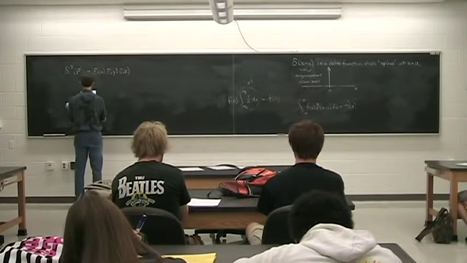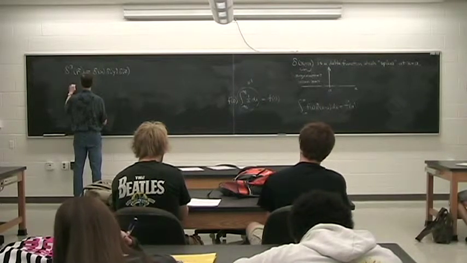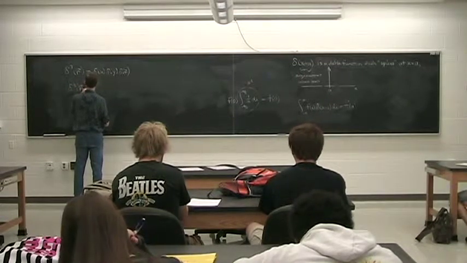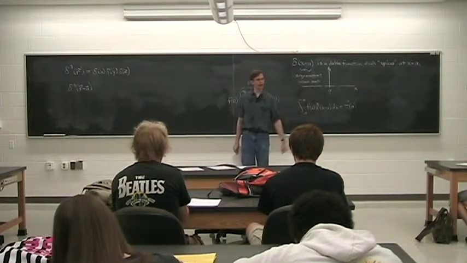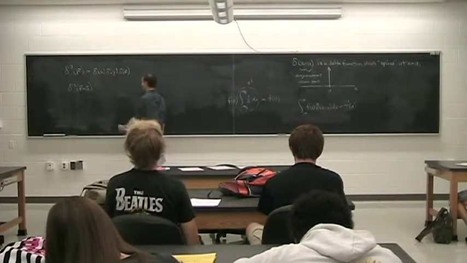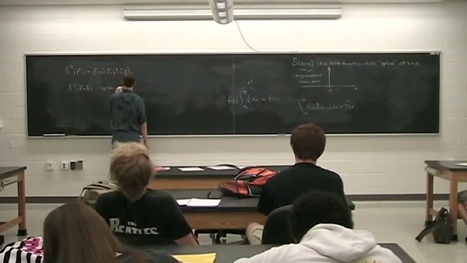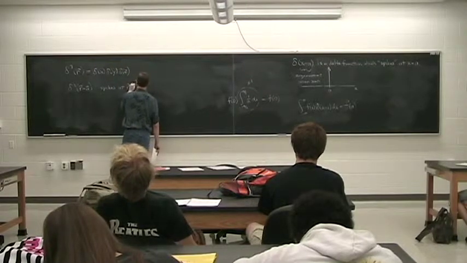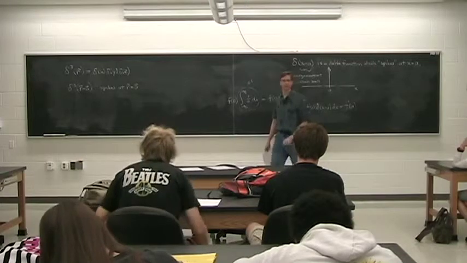We can also then talk about delta 3 of r minus a, and that spikes at r equals a. That's infinity at r equals a and 0 everywhere else.